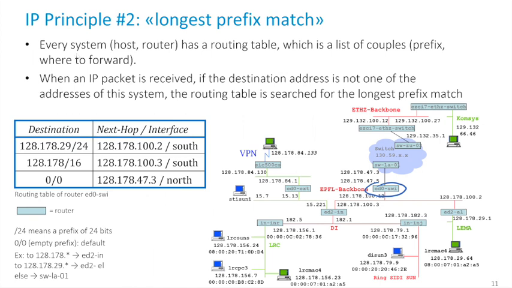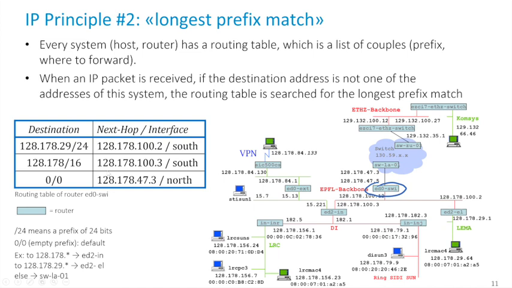Longest prefix match means that every system, in particular every router, has a table to know what to do with packets. So remember, the principle is when a computer sends a packet to another computer, it doesn't send it directly over a long cable, but it sends it to a router that sends it to another router, etc. So the routers, the intermediate systems, have what is called a routing table.